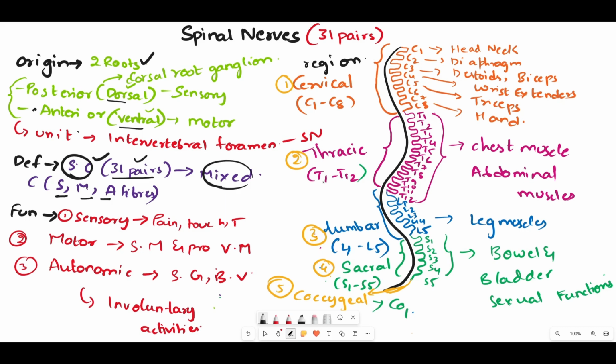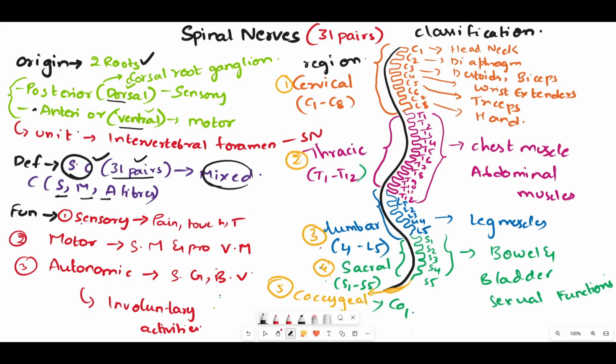The thoracic region starts from T1 to T12. The lumbar region starts from L1 to L5. The sacral region starts from S1 to S5. And coccygeal is only 1, so CO1 will be present. Write its number and the region in the classification. Now after the classification, if possible, you can also mention where each of these vertebrae is present. Then afterwards you enter into the functions.